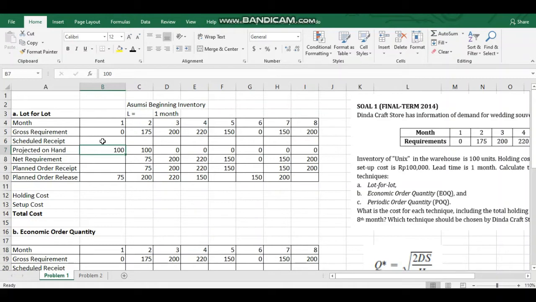There is no holding cost or inventory cost incurred because it's the beginning. So we start calculating the holding cost at the second month, because the beginning inventory at the first month is carried to the second month. That's why the holding cost starts to incur at the second month.